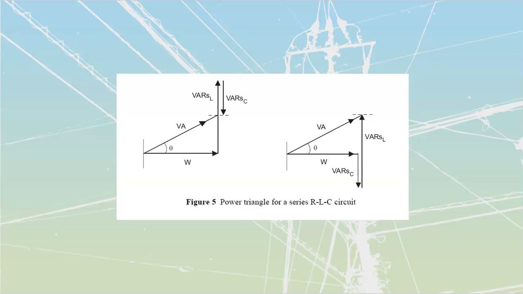What we have inside of a circuit that has both of them is a section, right over here, that is going to be entertained, so to speak, by each other. In other words, instead of having all the VARs L sent to the supply and then taken back from the supply, now some of them are going to be fed from this capacitor over here. We get a leading and a lagging current, and leading and lagging VARs, and they just work to cancel each other out.